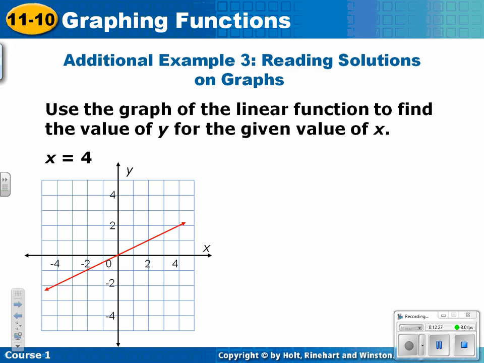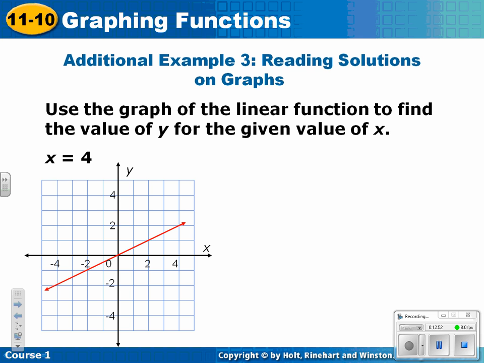Now, you're going to have questions that look like this, that say, use the graph, and this is actually what your dad did. He made the graph, and then he used the graph to find the y. It says when x is 4, what is y? Remember, x goes across, y's go up and down.